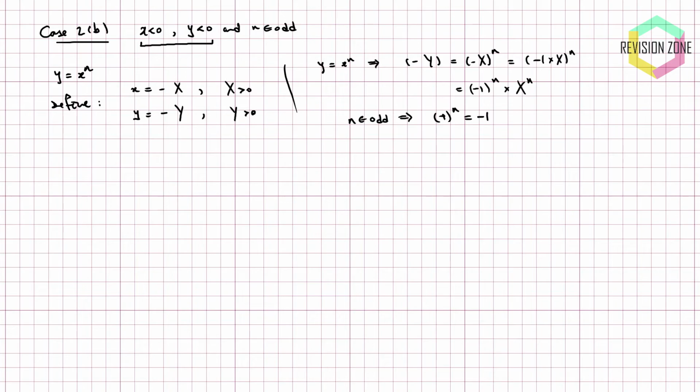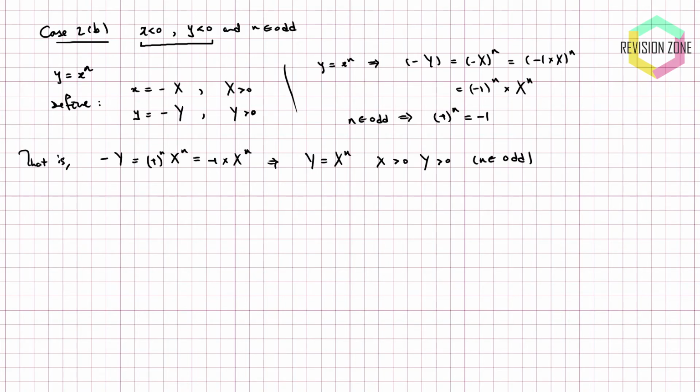So what we end up with is negative y equals negative 1 times x to the n, and the negatives are going to cancel to give me y equals x to the n, right? Where our x is positive, our y is positive, and our n can be any odd number.